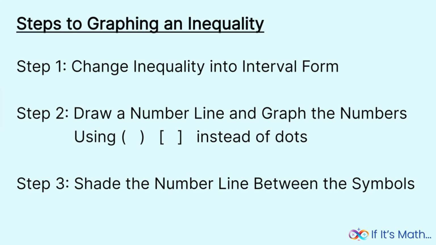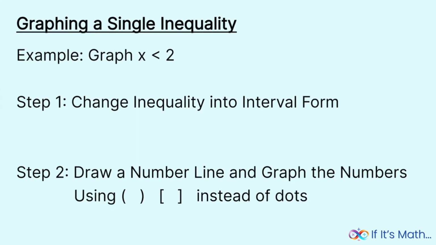And we'll walk through this in just a second. But the thing that really moves it on from what you did with regular number lines is the step of shading the numbers between the symbols. So you're going to graph the 2 points and then shade in between them. So let's take a look at how to actually do this.